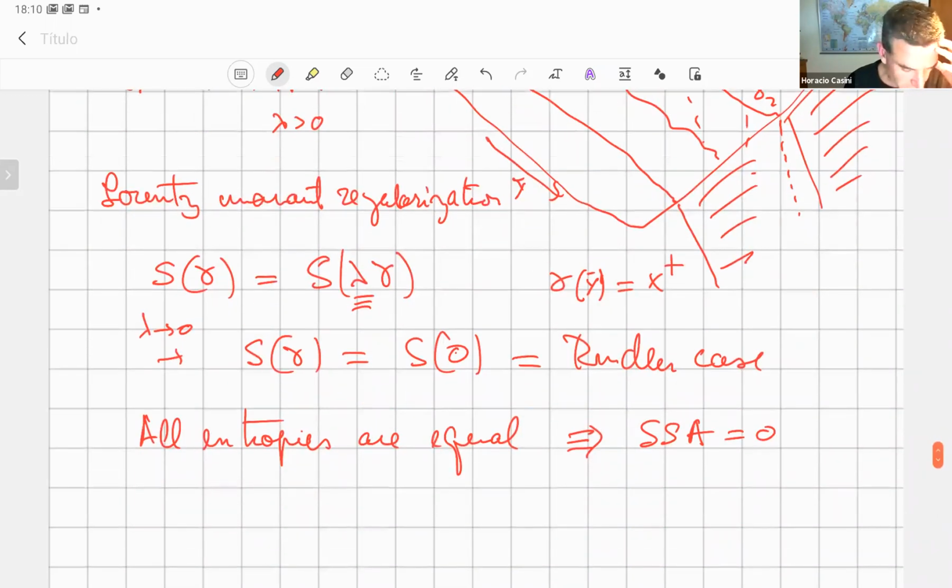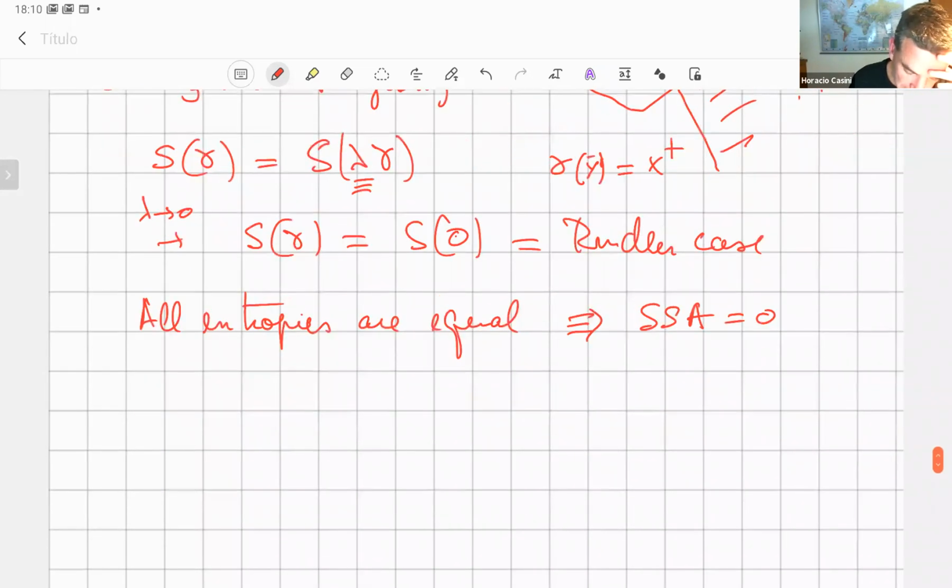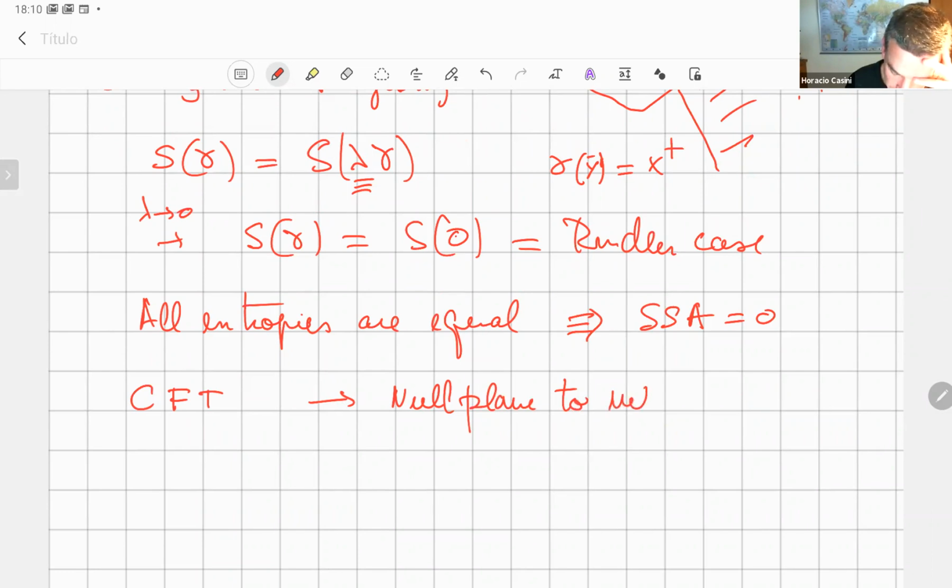But now, if you have a conformal field theory, you can conformally transform the null plane to the null cone.